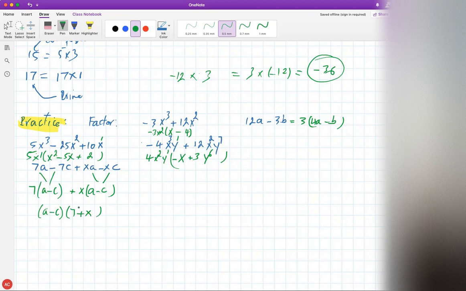And you should be able to check: if we distribute, we go back to this expression. Factoring is just the opposite of multiplication, so you can check it by distributing or multiplying.